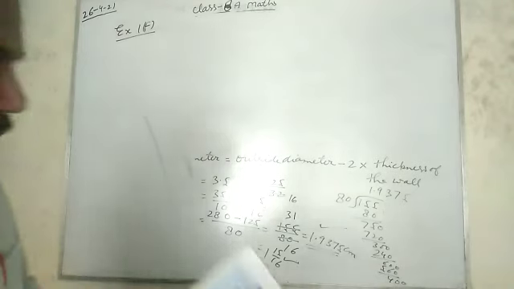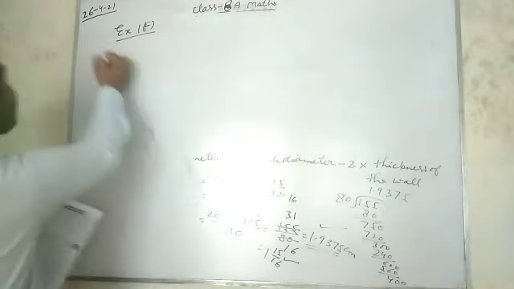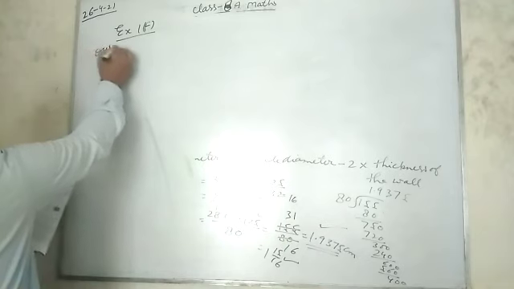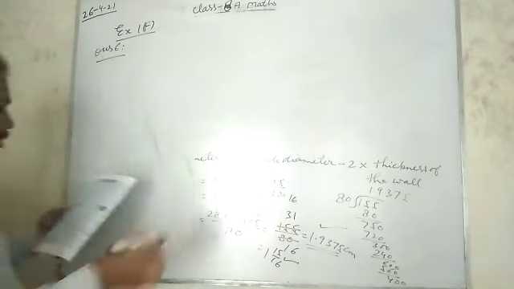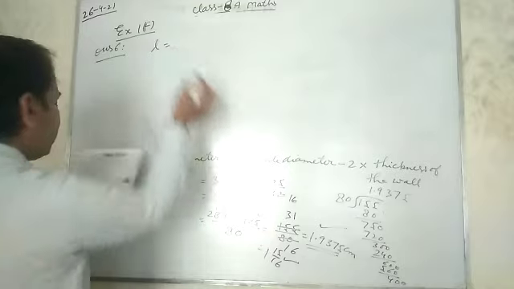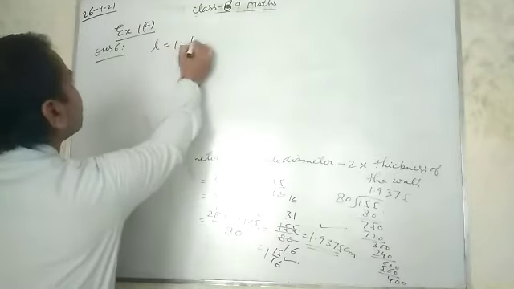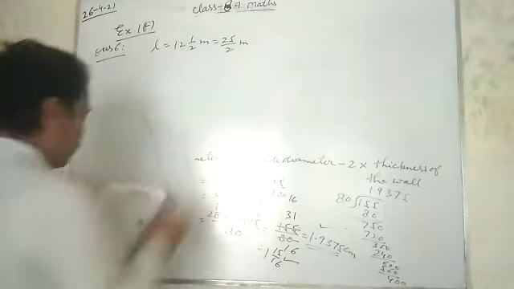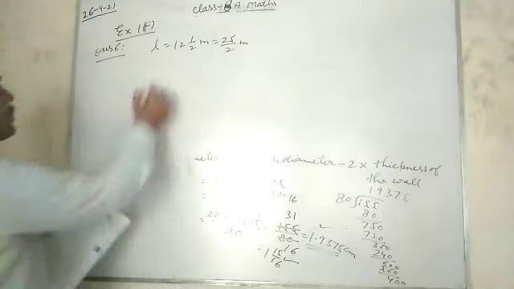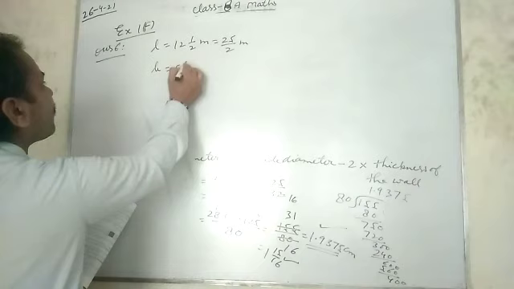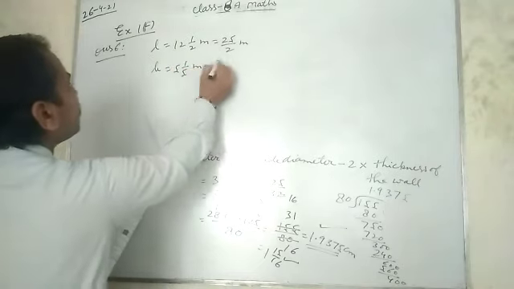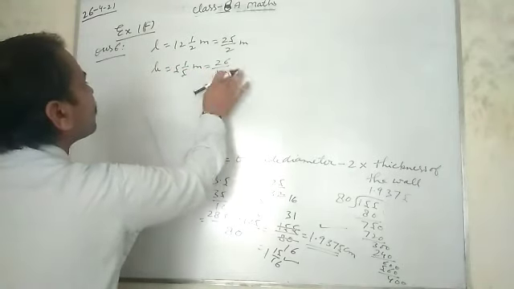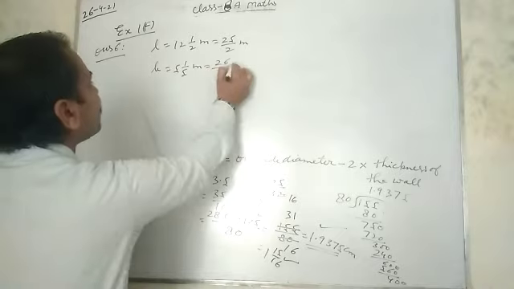So first you find perimeter and area. Length that is given, 12 1 by 2 meter, means 25 by 2 meter. And breadth 5 1 by 5 meter means 26 by 5 meter.